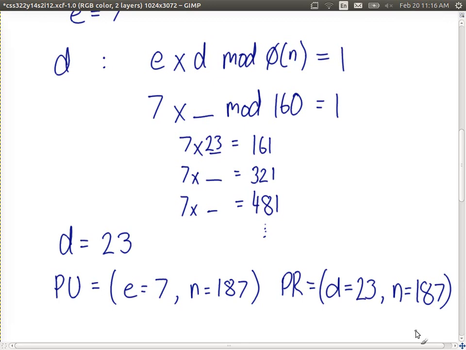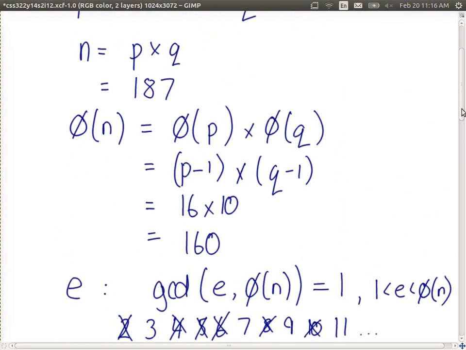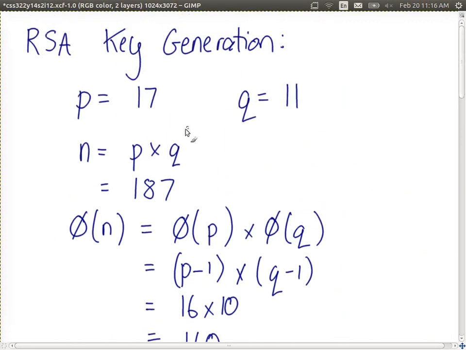Before we use these keys, let's just go back and note what's secret. What values in this step should we not tell anyone? P and Q should be kept secret. Our 2 primes that we started with.